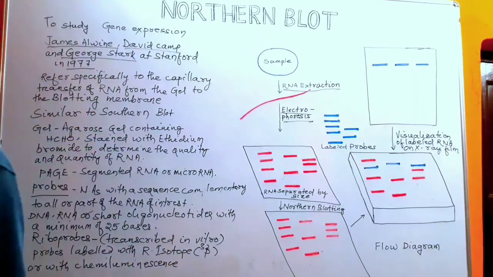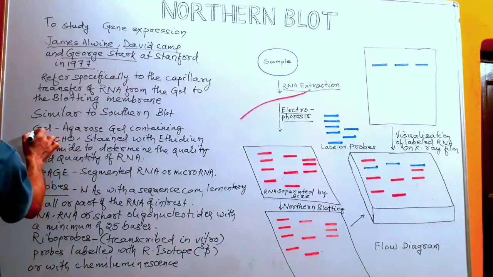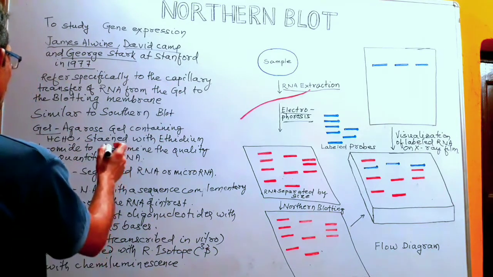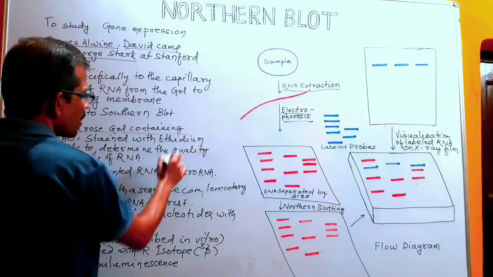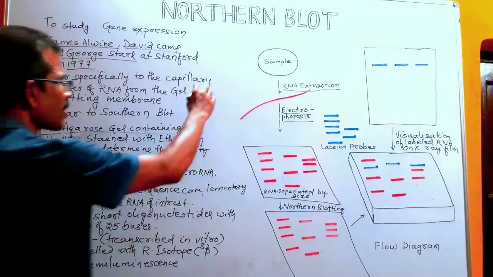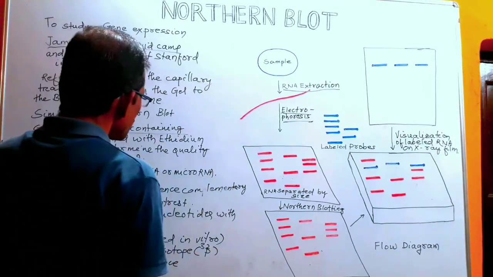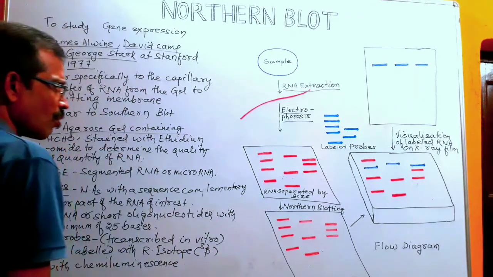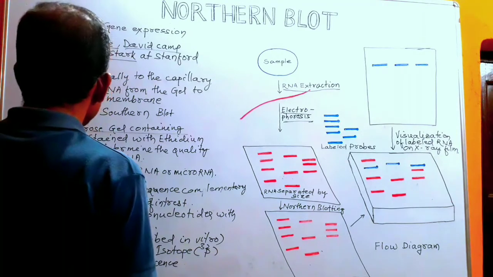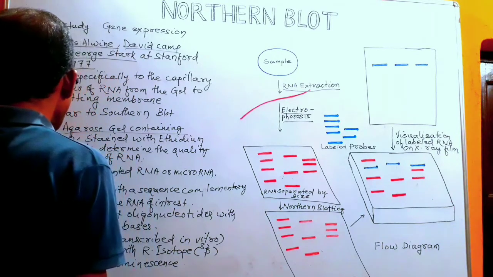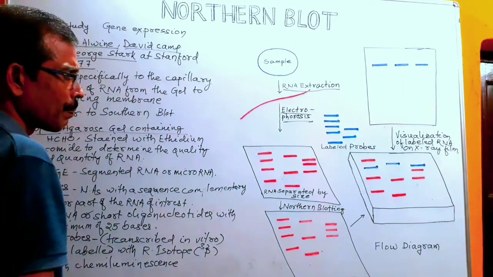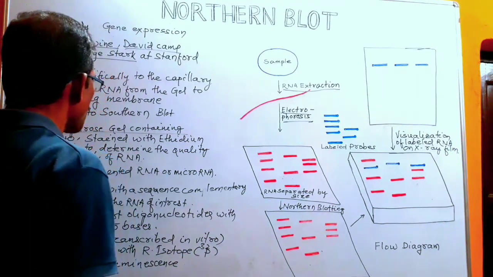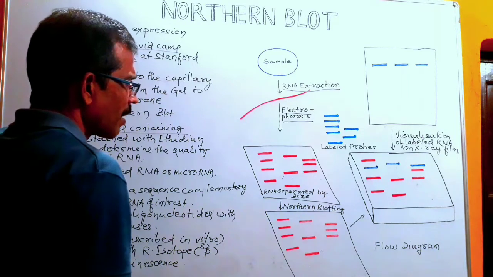Next we will see what type of gel is useful in northern blot. The agarose gel electrophoresis is commonly used for the process of northern blotting. The agarose gel contains HCHO, that means formaldehyde. The formaldehyde limits the formation of secondary structure of RNA.